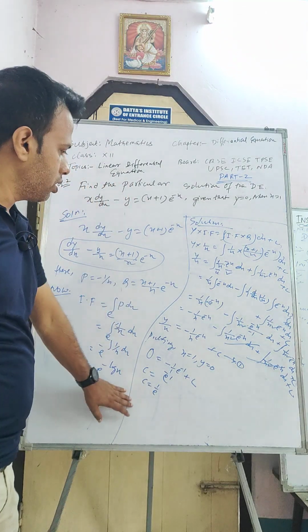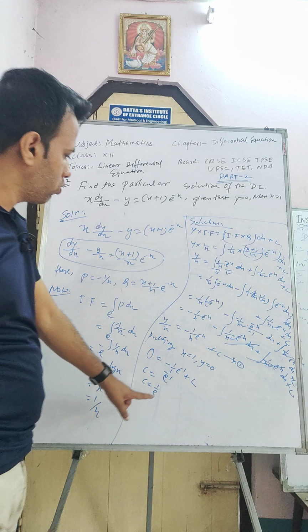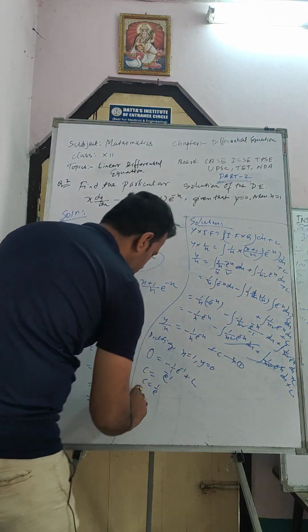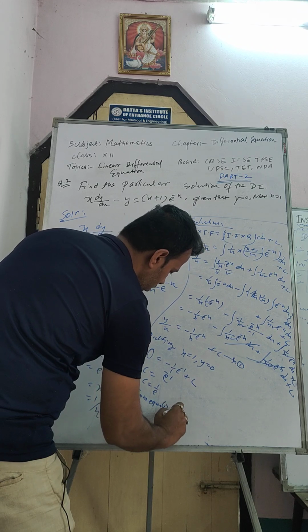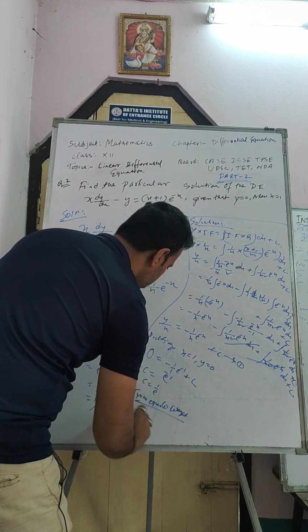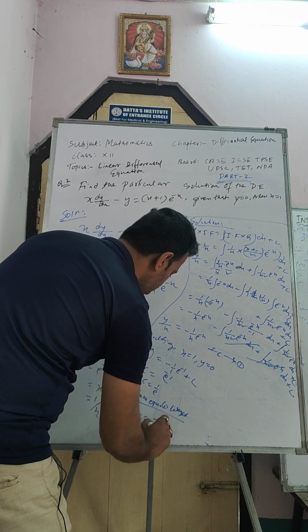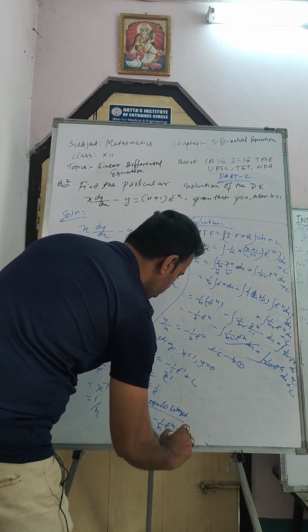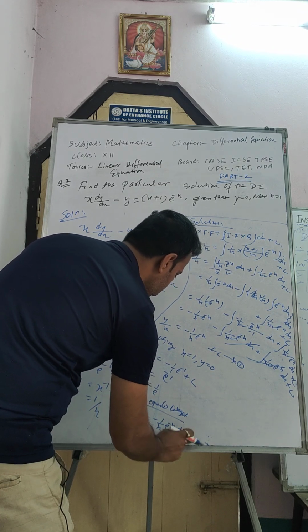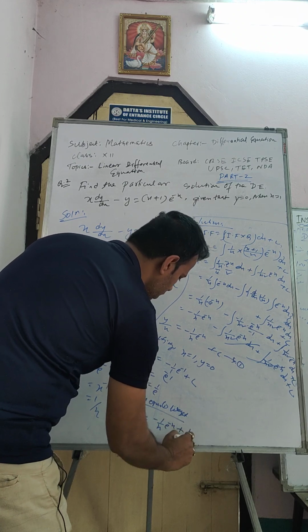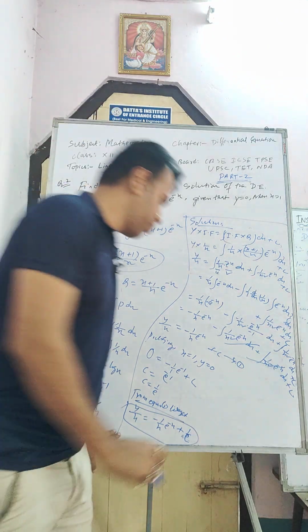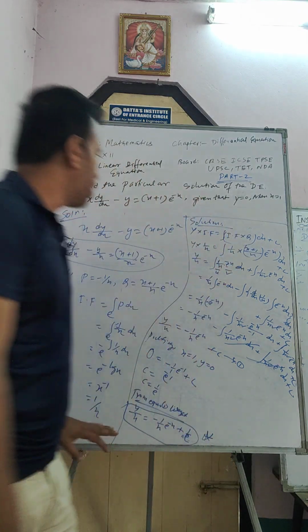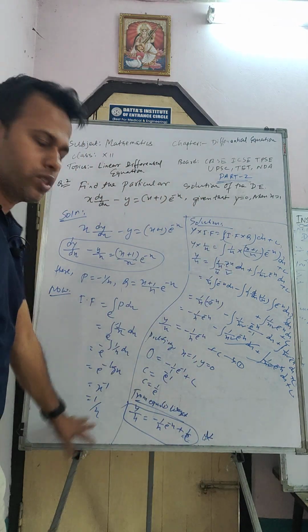Now put the value of c in equation 1. So from equation 1 we get y by x equals minus 1 by x e to the power minus x plus 1 by e. So this is the particular solution of the given differential equation.